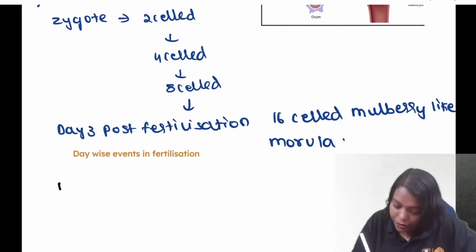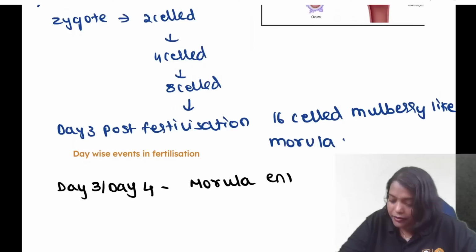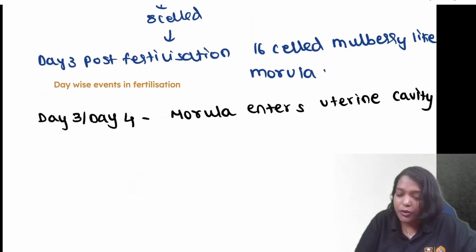Day 3 to day 4, the morula will enter the uterine cavity.